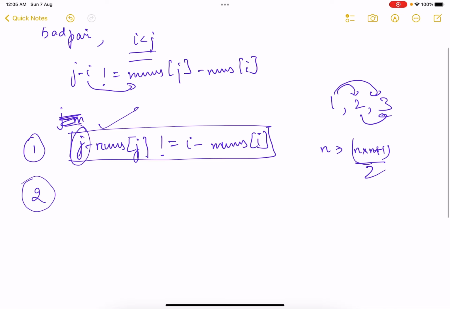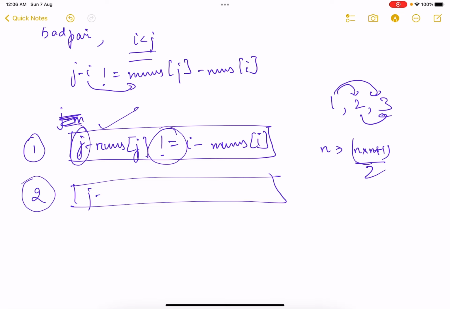Now calculating the good pairs is easy. How can we calculate the good pairs? Here we have not equal to, so let's make it equal to. If the equation becomes j minus nums of j equals i minus nums of i, that means it's a good pair, right?